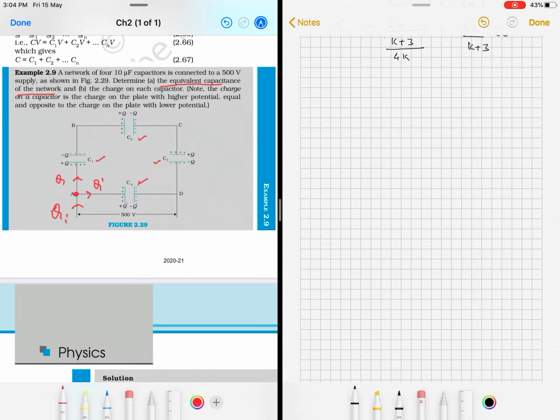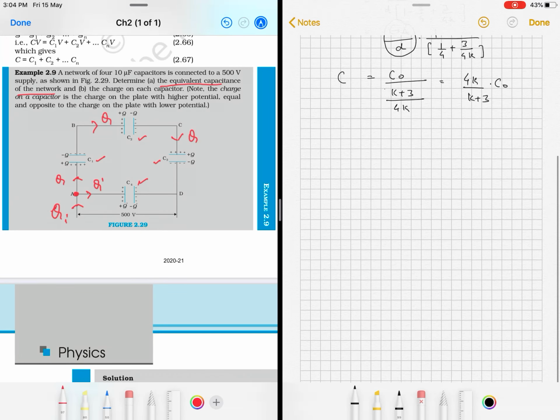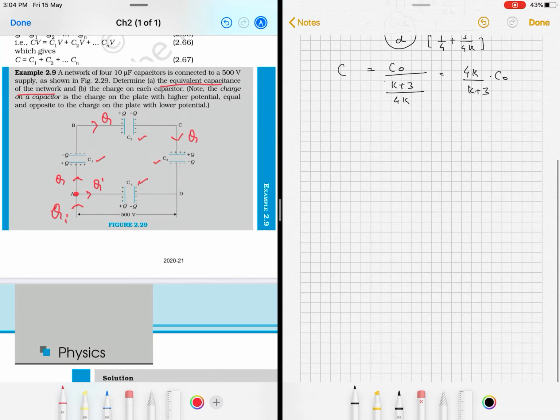It is clear from the diagram that the charge is the same on each capacitor, here Q and here also Q. We know the concept that the charges are the same in series combination. It means these three capacitors C1, C2 and C3 are in series.